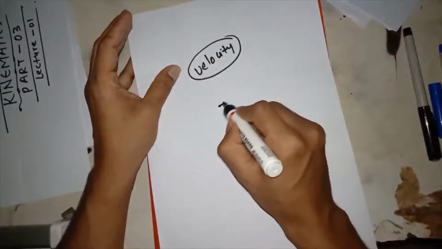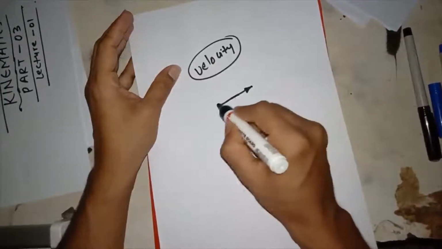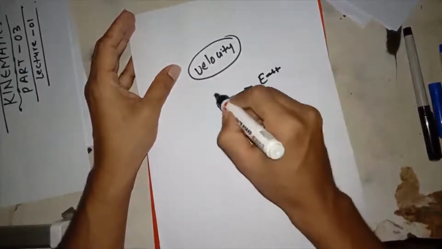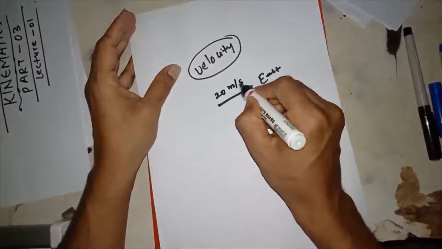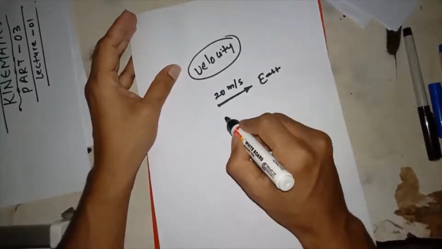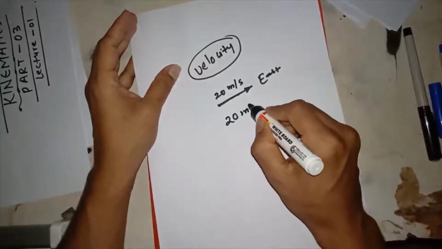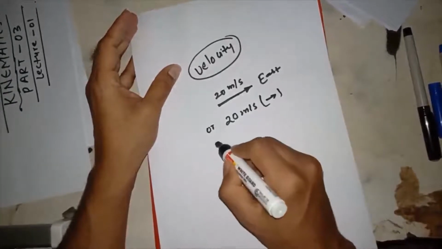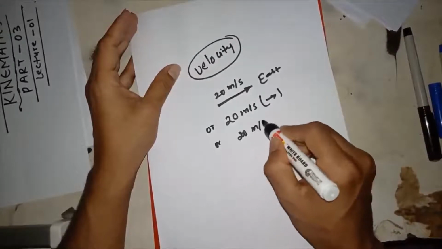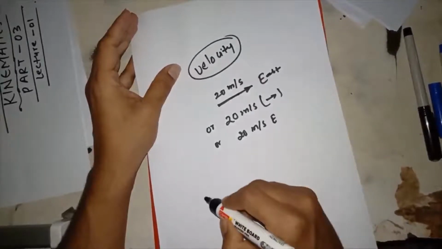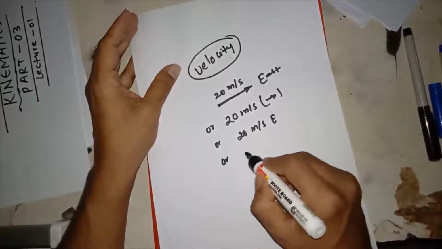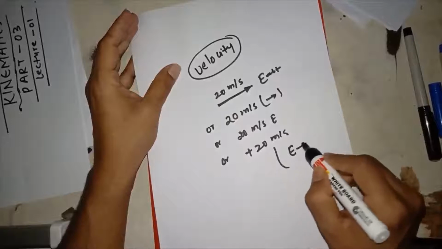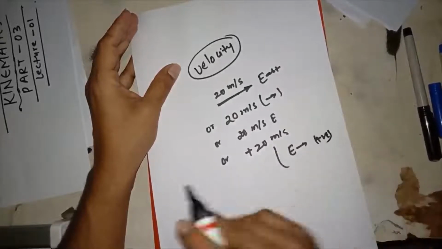Because when we say Mohan walks along a road in the east direction with 20 meters per second, then this 20 meters per second towards east, or you can say 20 meters per second east, or plus 20 meters per second if you regard east as positive.